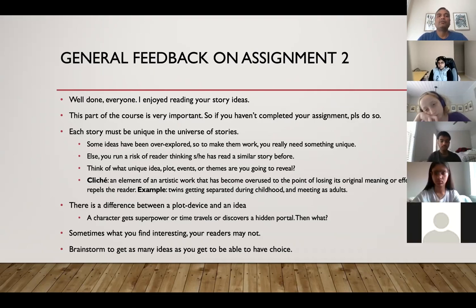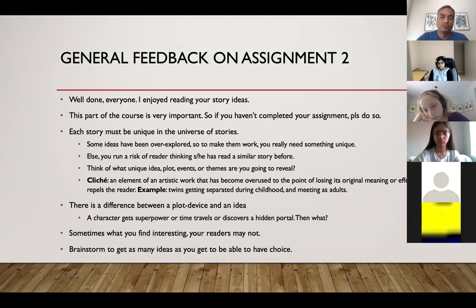So it will appeal to most readers and they cannot put it down until they finish it, right? And the story is going to be a short story, so about 1,500 to 2,000 words. So unless you finish your assignment 2 and come up with ideas, it is going to be very difficult to leverage the full potential of this course.